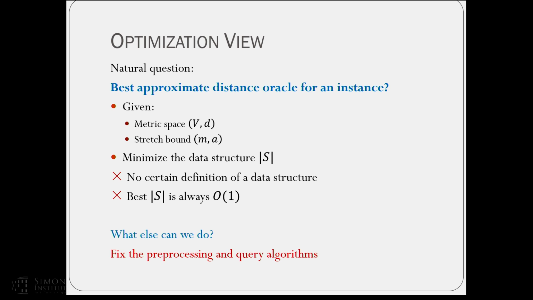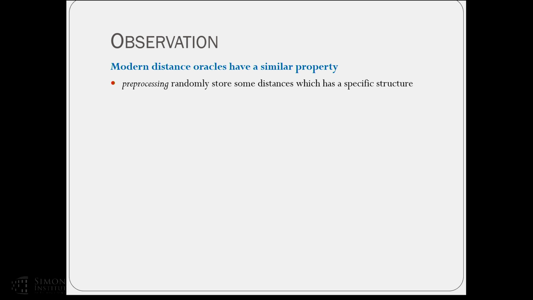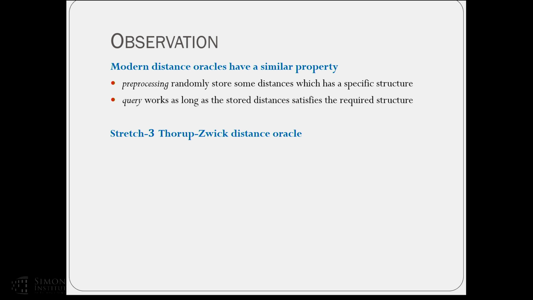One answer is to fix the preprocessing and the query algorithm. We found that modern distance oracles have a similar property: the preprocessing algorithm randomly stores some distances which have a specific structure, and the query algorithm works as long as the stored distances satisfy some required structures.